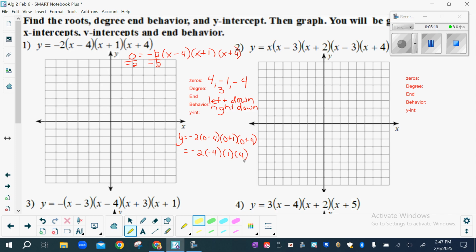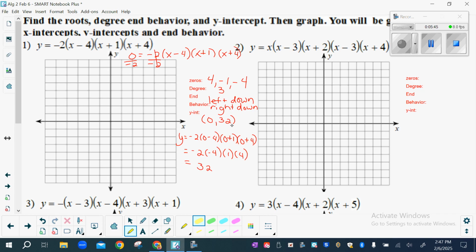You got 3 other good numbers there. I think Dexter got it. 32, that's right. So (0, 32) is your y-intercept.